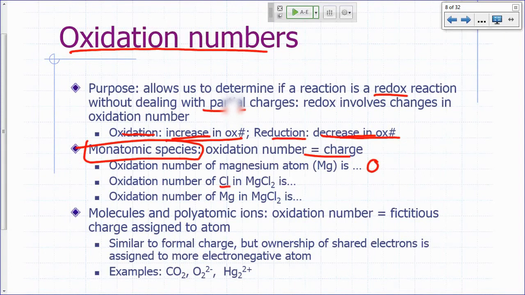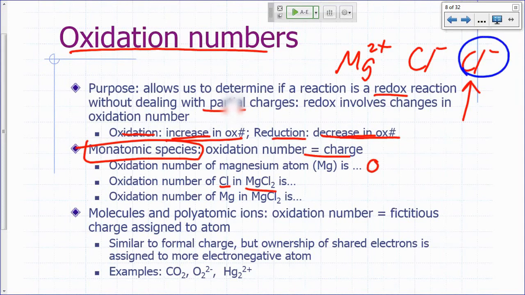What's the oxidation number of chlorine in magnesium chloride? Well, what do you know about magnesium chloride? It's made up of magnesium ions and chloride ions, right? For every magnesium ion, you see 2 chloride ions. So given that, what's the oxidation number of chlorine in magnesium chloride? Each chlorine atom in MgCl2 is actually in the form of chloride, right?